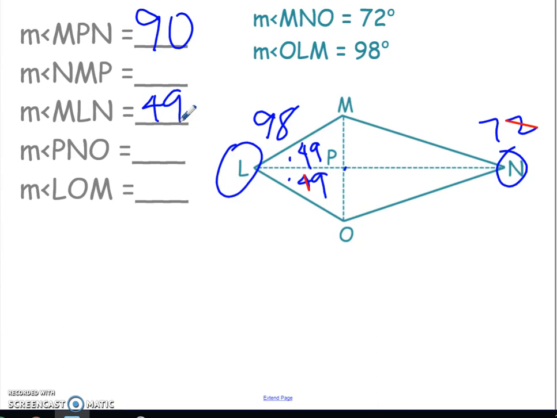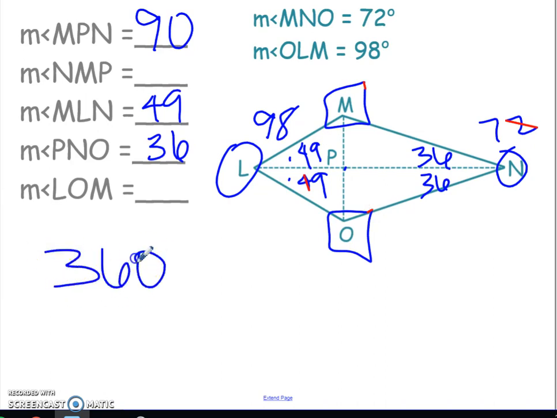P and O, that's the same kind of situation. So 72 divided by 2 gives you 36 for each of those. And then to find these, so remember that these are congruent and the whole thing has to equal 360.